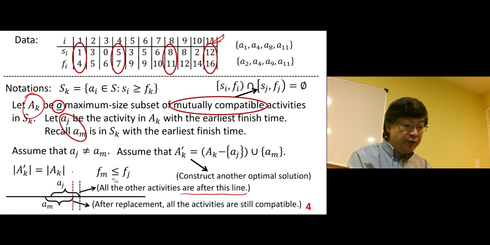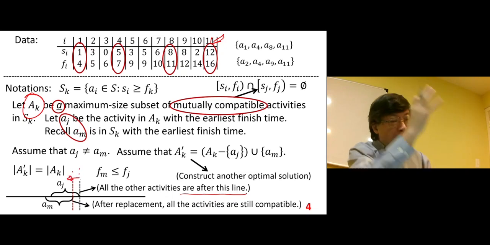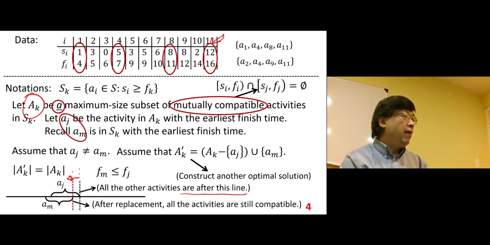The change we do, we push the earliest finish line to the left. That won't cause any violation. That's the observation we have. If you can see this observation, then you have no problem, no optimality violation.